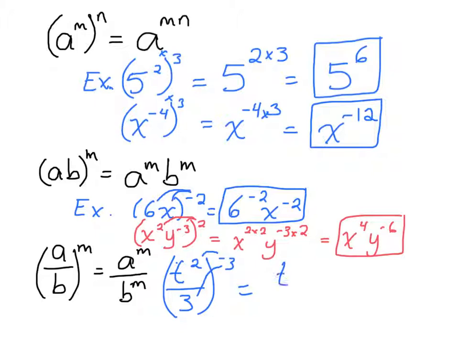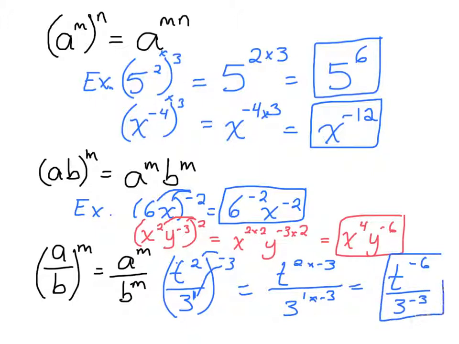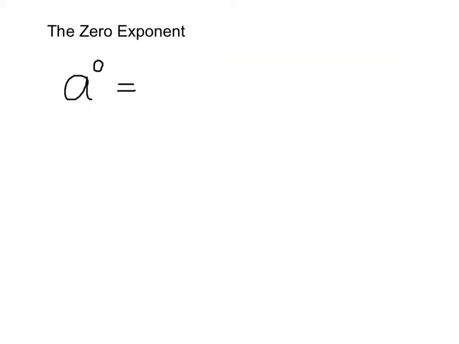So you get t to the power of 2 times negative 3 over 3 to the power of 1 times negative 3. Remember that the 3 had an exponent of 1 because there was no number there. That will simplify to t to the power of negative 6 over 3 to the power of negative 3. That will be your simplified answer for that example.